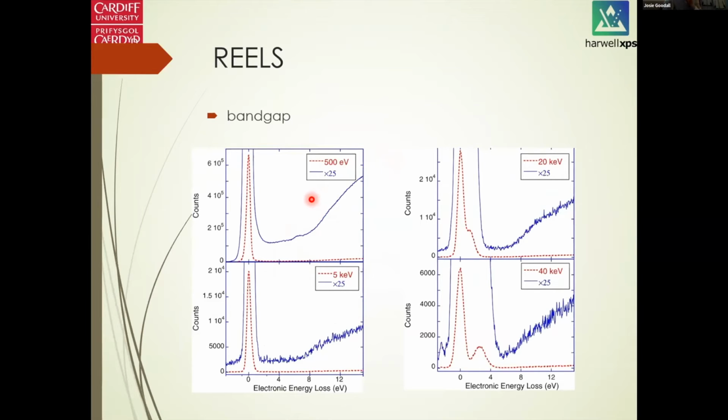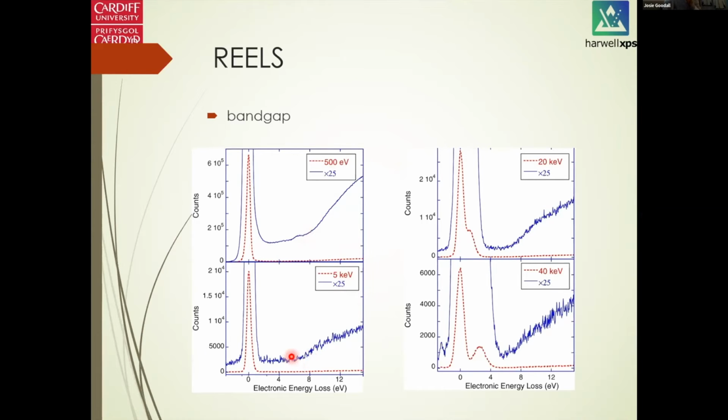We could see that with the increase of the electron beam energy, the shapes are different. At 500 eV, this spectrum increases gradually, and it's difficult to see the onset of the absorption.